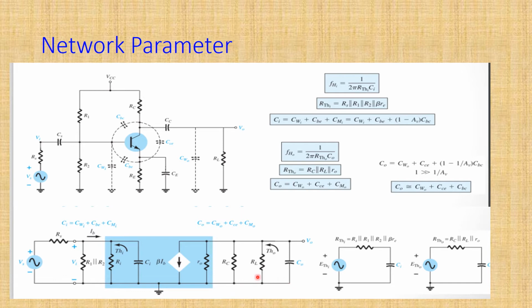as well as majorly your resistance R. So it's a combination of RS parallel R1 parallel R2 parallel beta RE.